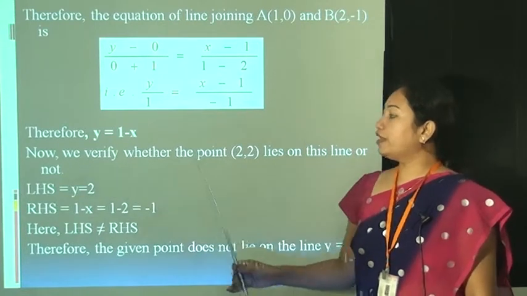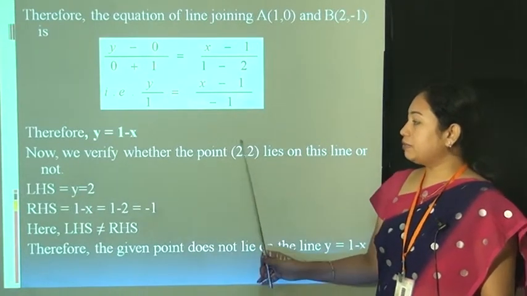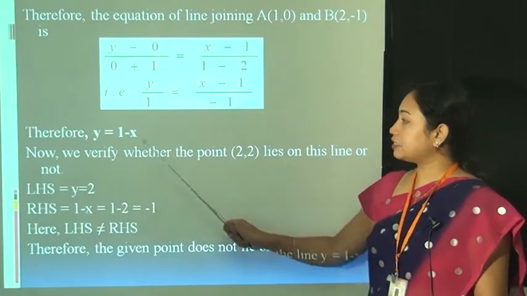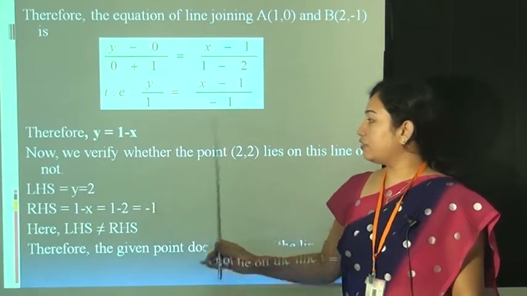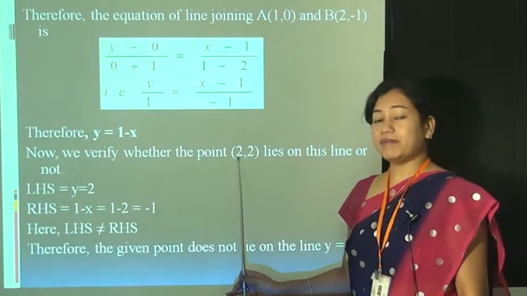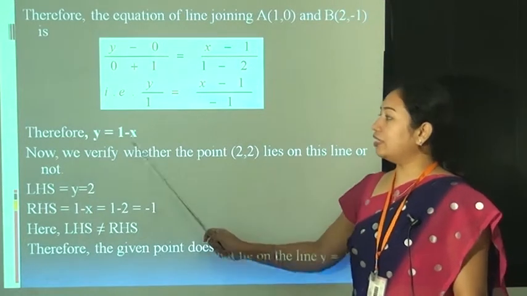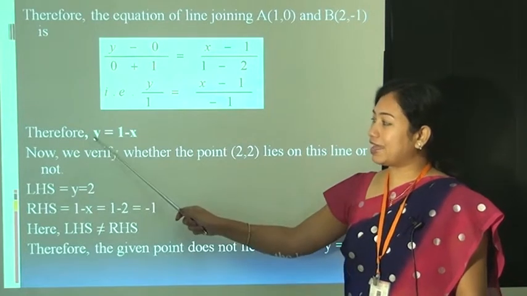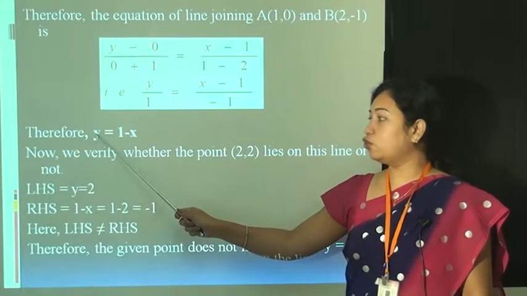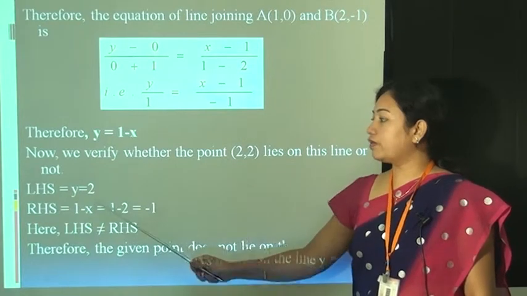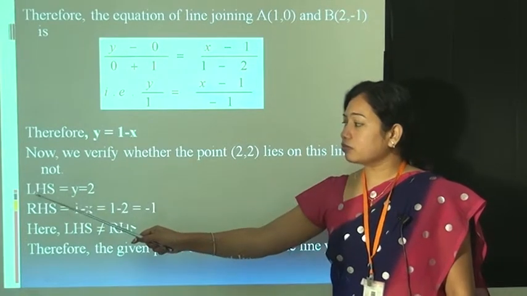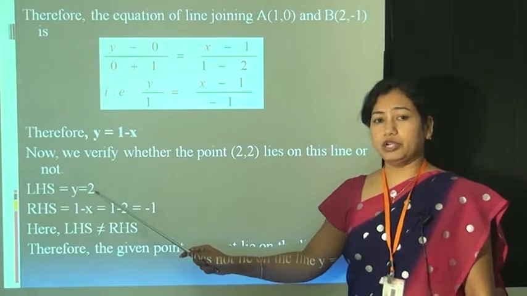So now we verify whether this point lies on this line or not. We are given that x is equal to 2 and y is equal to 2. Put these values in this equation. So let's take first LHS. Here LHS is equal to y and the value of y is 2. That means the value of LHS is equal to 2.